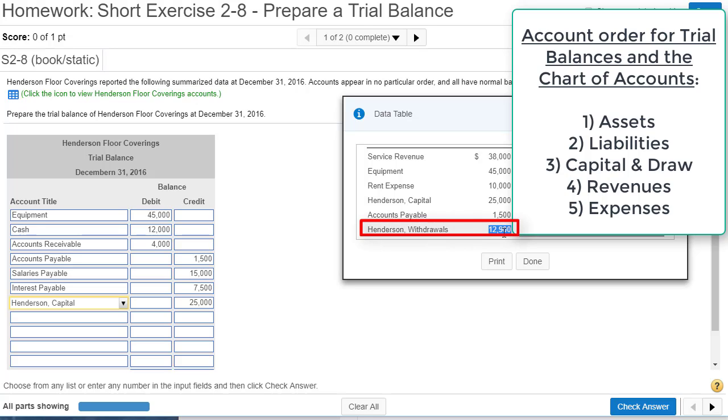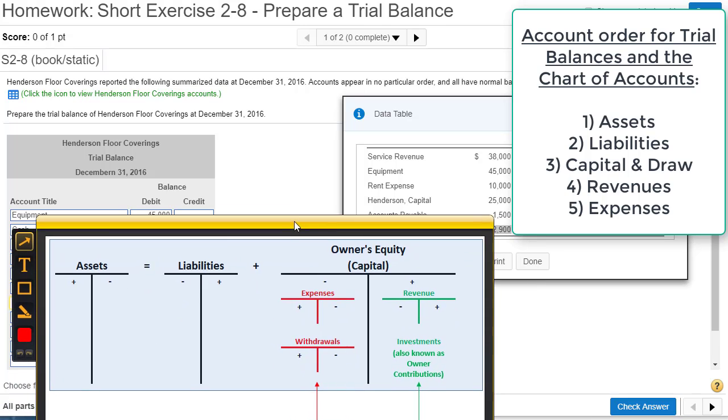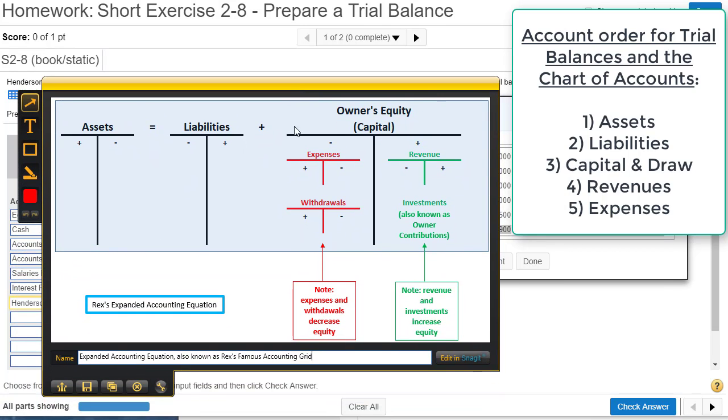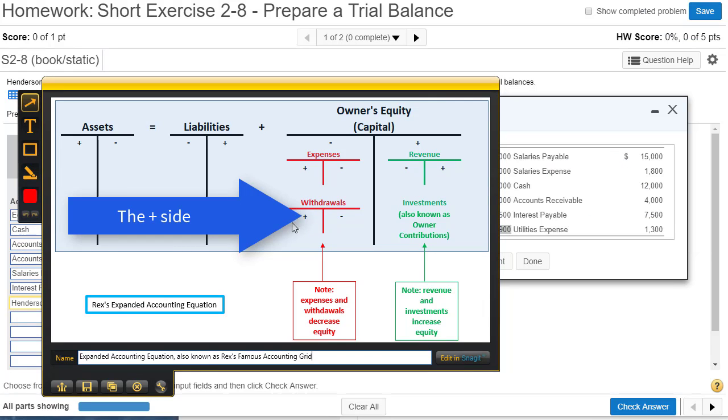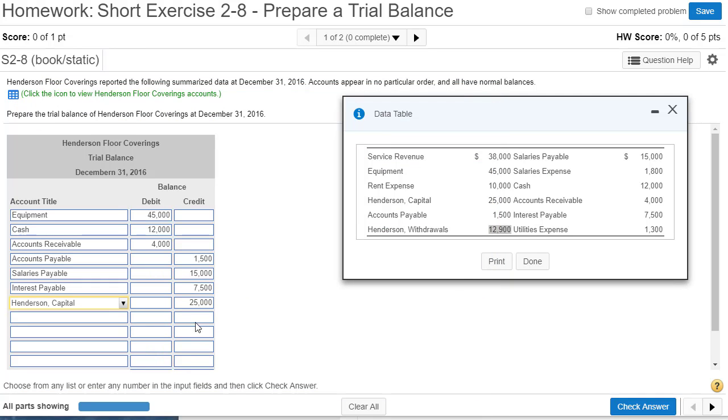Withdrawals are traditionally lumped together with capital as the equity accounts. Notice withdrawals have the plus side, or the normal balance side, on the left side. So I have to put this $12,900 on the left side. Now we're done with the two equity accounts.